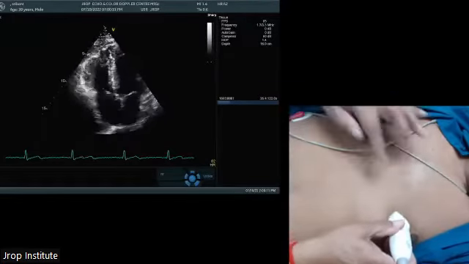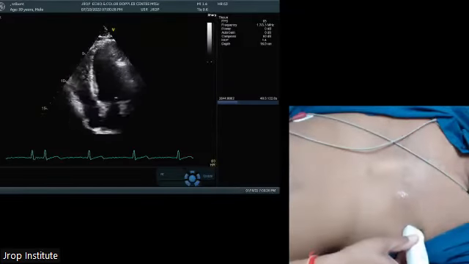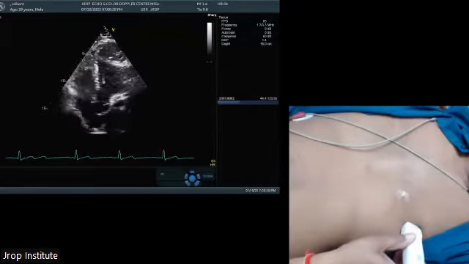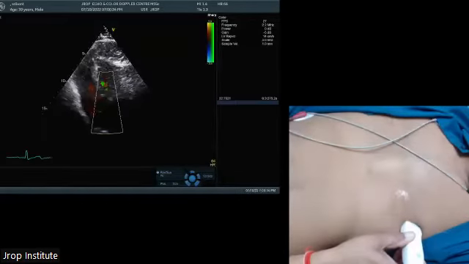Just think LV LA is over here, RV RA is over here. If I'm screening over here for LV LA, if I move a space up, what are we screening? I'll be screening RV RA. Correct? Now from 4-chamber view, if my footprint starts looking towards shoulder, what happens? Aorta opens up. So this is the aorta which opens up in this fashion.